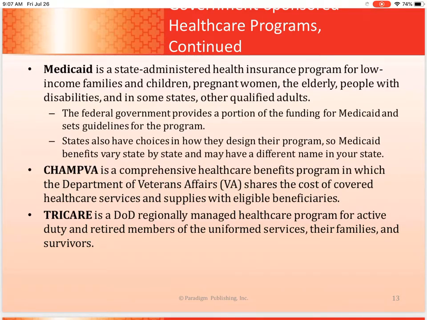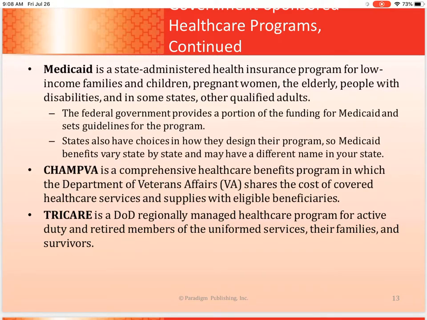So while Medicaid is truly a state-administered health insurance program, it is also federally funded. Okay? Now, states have that choice in how they design their program. That's why it can be different state to state. And so typically when we think of Medicare, we think federal, and when we think of Medicaid, we think of state. But just know that little caveat there that the federal government does provide a portion of Medicaid funds.